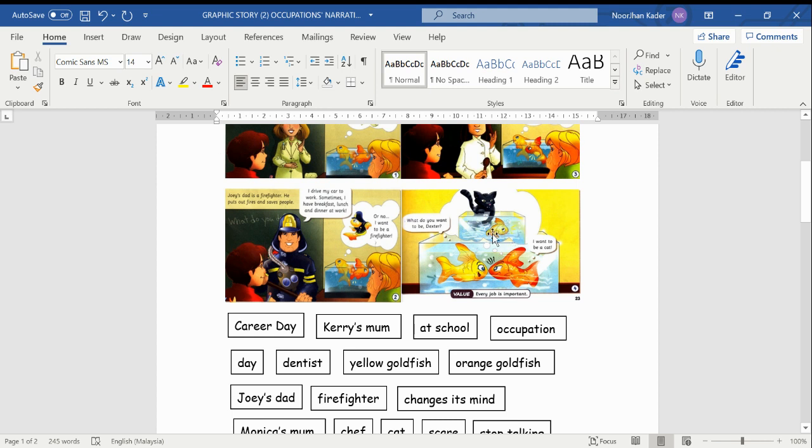But that is my prediction. So that it wishes it were a cat so that it can scare off the yellow goldfish and make it stop talking. But we do not know. Maybe it wishes it were a cat, but maybe it wishes to eat up the yellow goldfish. That also we do not know.